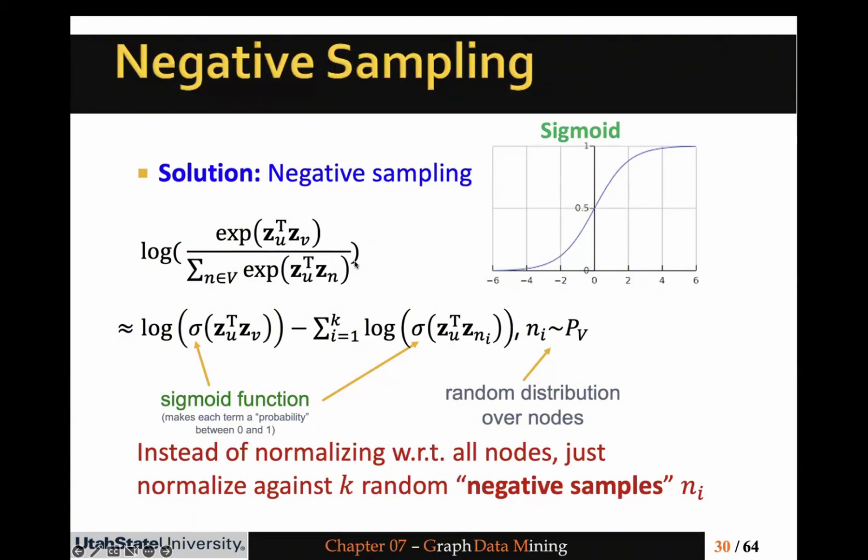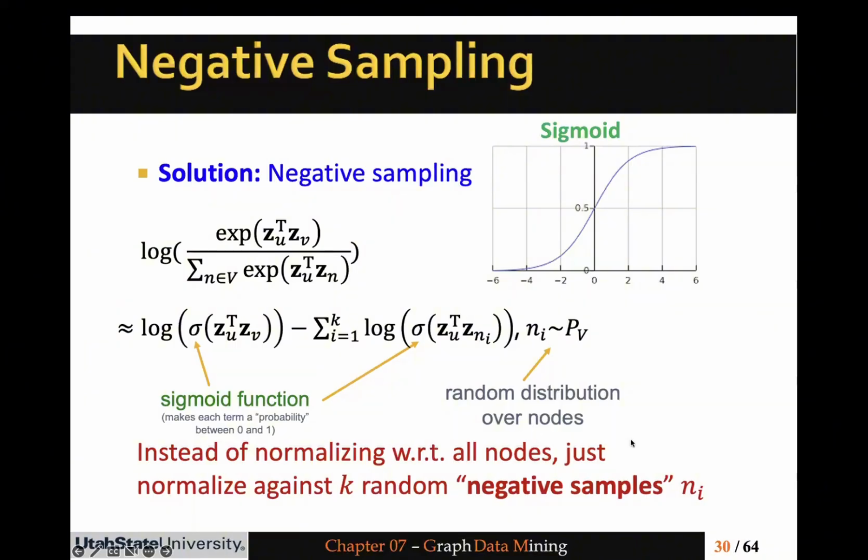So I would read this as follows: instead of using the log of the exponential of the dot product of Z_u and Z_v over the sum across all the dot products of Z_u and Z_n for all the nodes, let's just do that between Z_u and Z_n, and the sum here is from 1 to k, not from 1 to V or 1 to N here, just like the denominator part of the first log function over here.